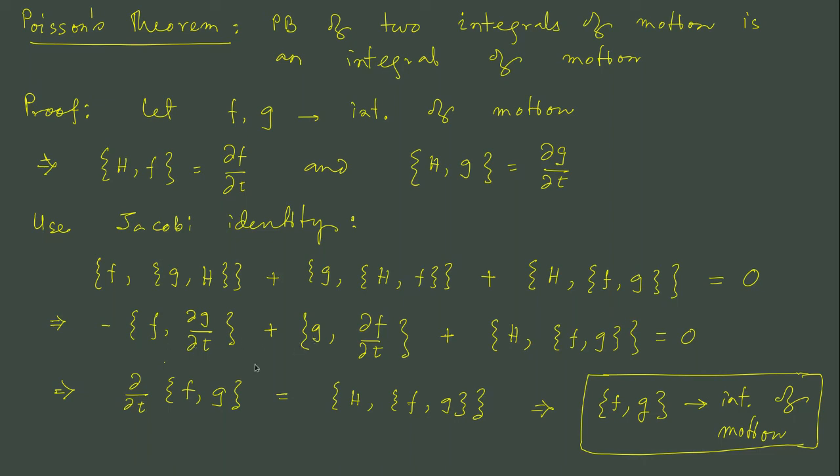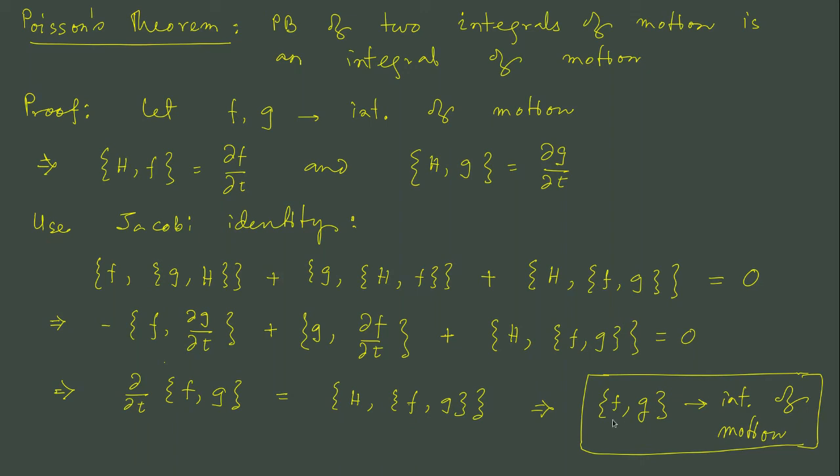Then these two terms, it is easy to rearrange them to get ∂/∂t of the Poisson bracket {f, g}. So from these two terms, we get the partial derivative with respect to t of {f, g}, and the remaining term is already the Poisson bracket of {f, g} with H. So if we define the Poisson bracket {f, g} to be another dynamical quantity, say a, then we have ∂a/∂t equal to the Poisson bracket of H and a.